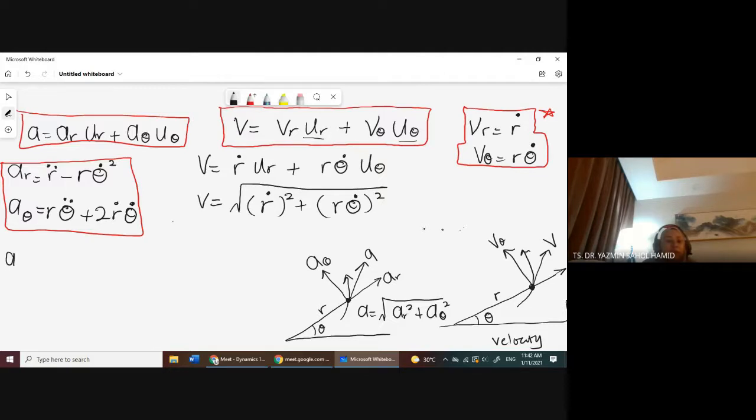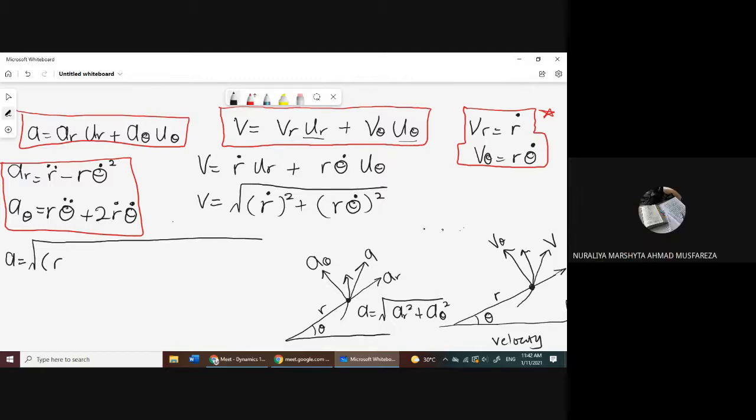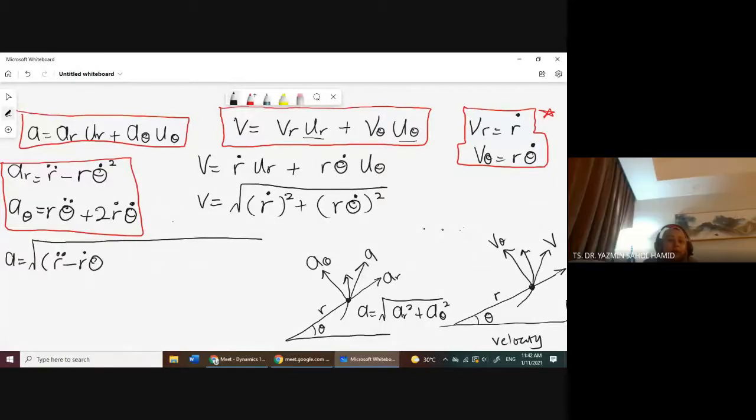Acceleration will be the square root of what is our a_r? r double dot minus r theta dot squared, don't forget to square it, and then plus r theta double dot plus 2 r dot theta dot squared.